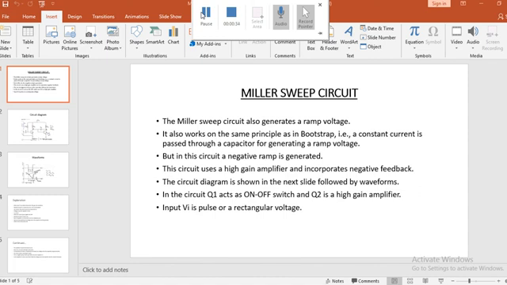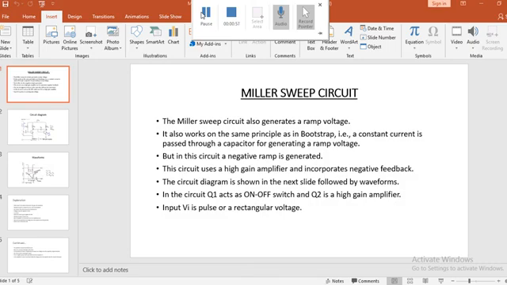As far as the Miller sweep circuit is concerned, it is just similar to your bootstrap sweep circuit. The same principle is involved. What is that principle? A constant current needs to be generated, and this current is passed through a capacitor to get a ramp voltage. So here also the same thing is done.